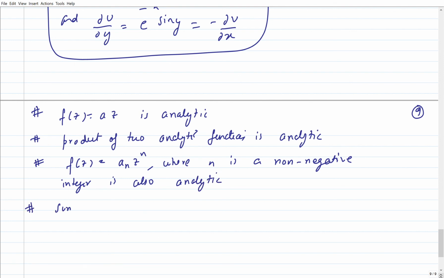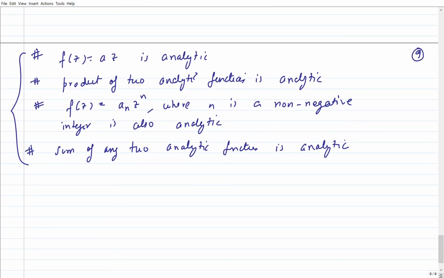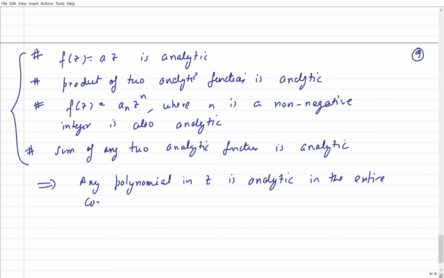We can also show that the sum of any two analytic functions is itself analytic. So if you combine all these things, the bottom line is that any polynomial in z is analytic in the entire complex plane.